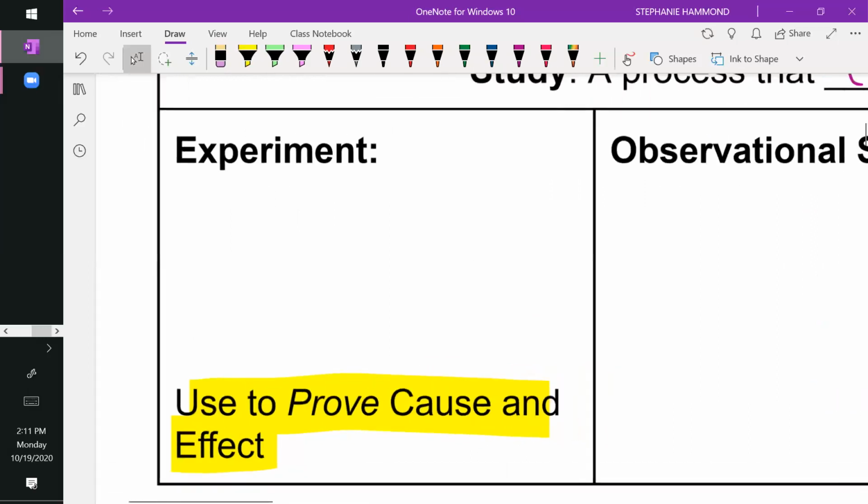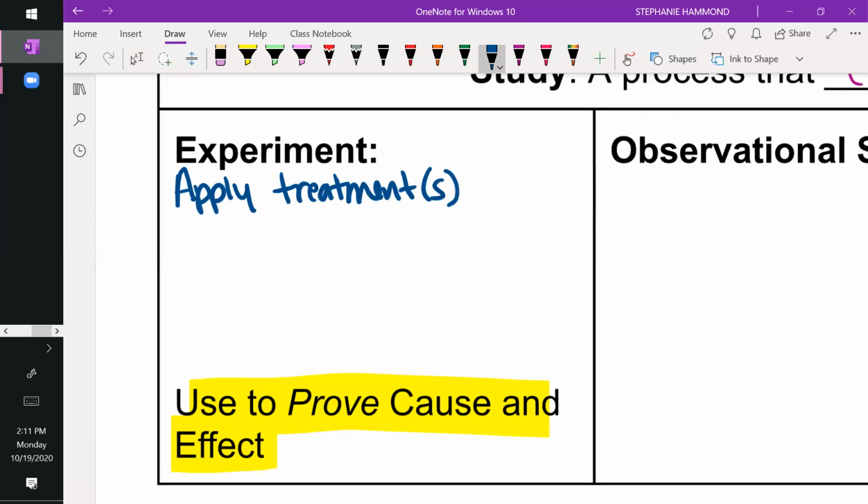So in an experiment, what makes an experiment different from an observational study is that we actually apply a treatment, or more than one treatment. So when we're applying a treatment, we are trying to manipulate the outcome. We are trying to get a certain response. So we could maybe apply an experiment where we have hamsters and we feed them different kinds of food.